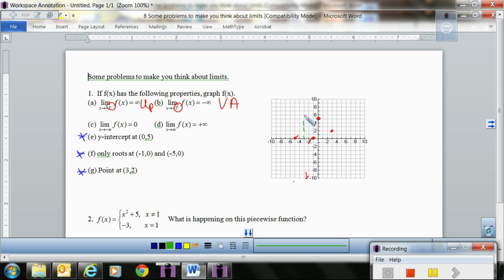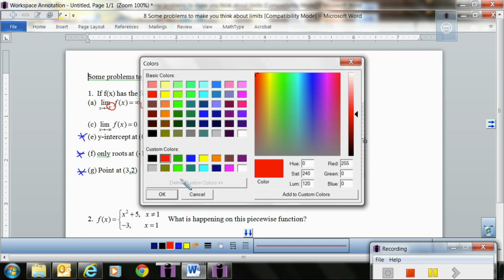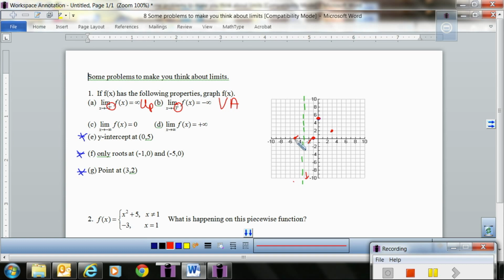That was not looking very good, so I thought I'd try that again. All right, let me go back to red. Now, go up forever, not touching it. Arrow indicating up forever. And then going down forever. Notice I chose the closest point to the vertical asymptote and went from there.